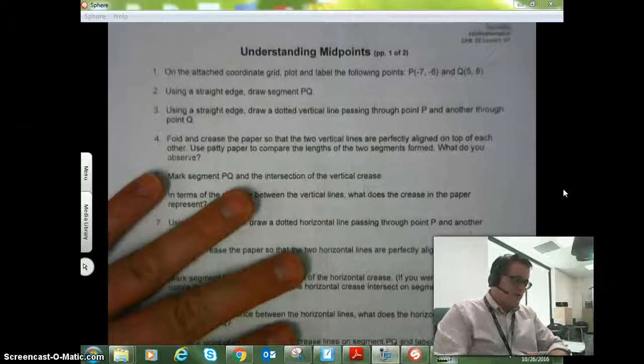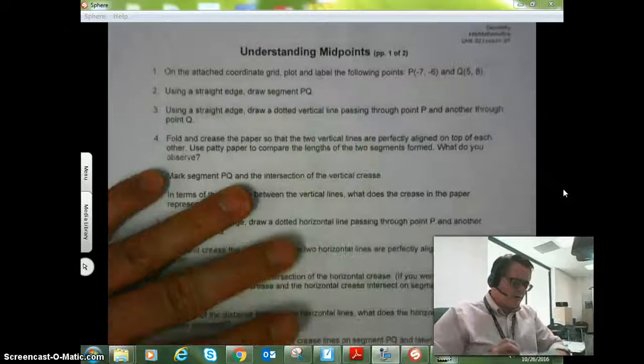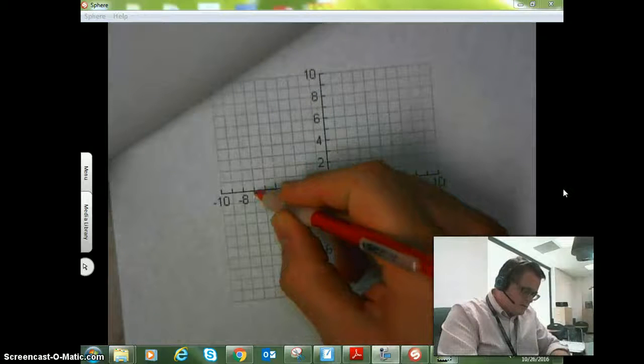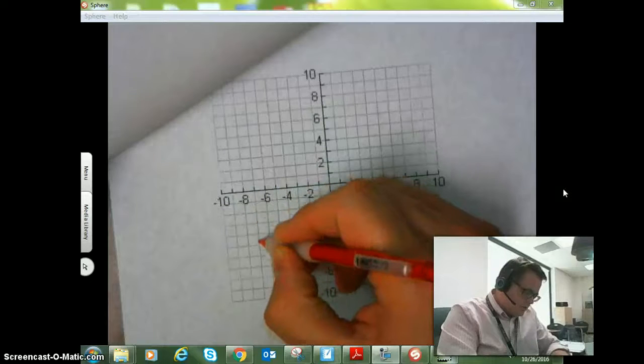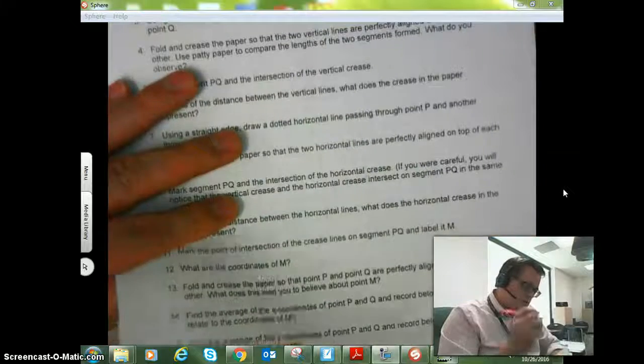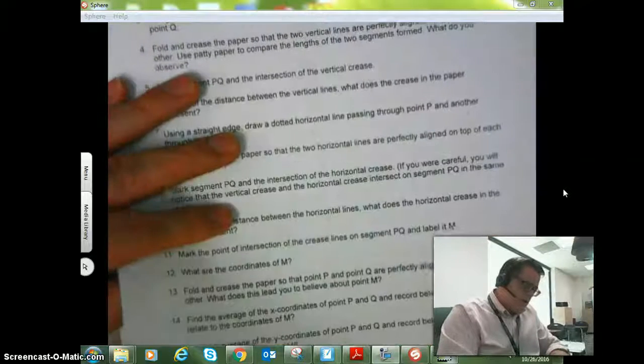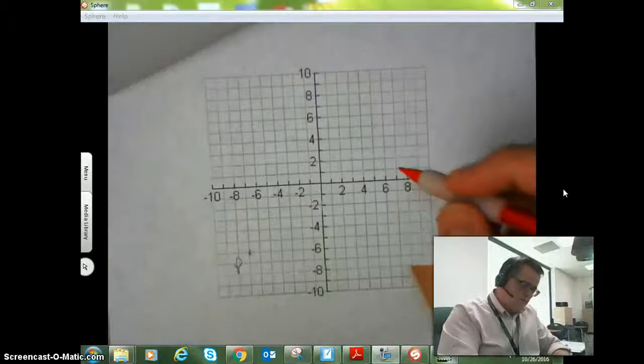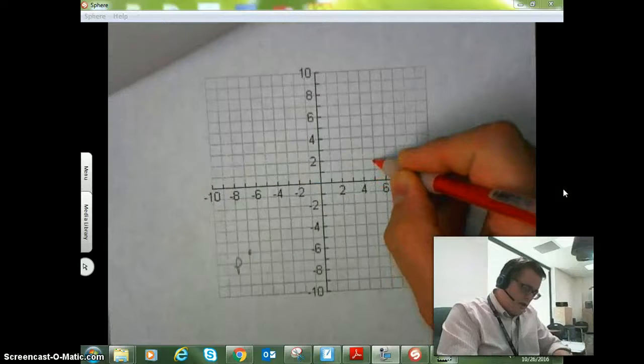But let's go ahead and plot our points here, -7 and -6. So -7, 1, 2, 3, 4, 5, 6. And that is going to be point P, and then we have point Q at 5 and 8.